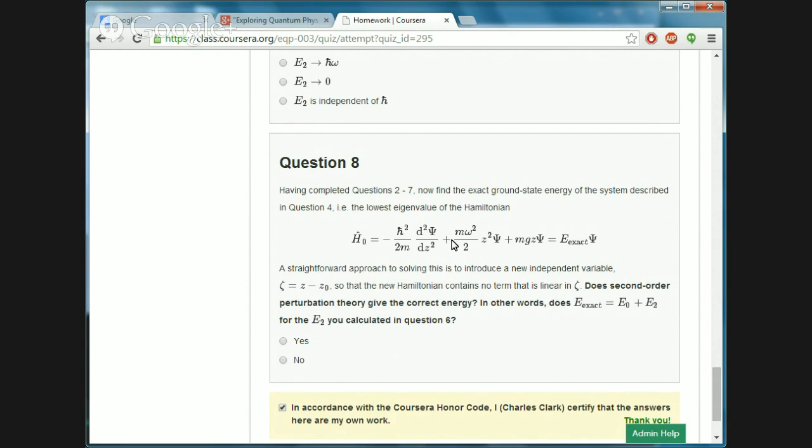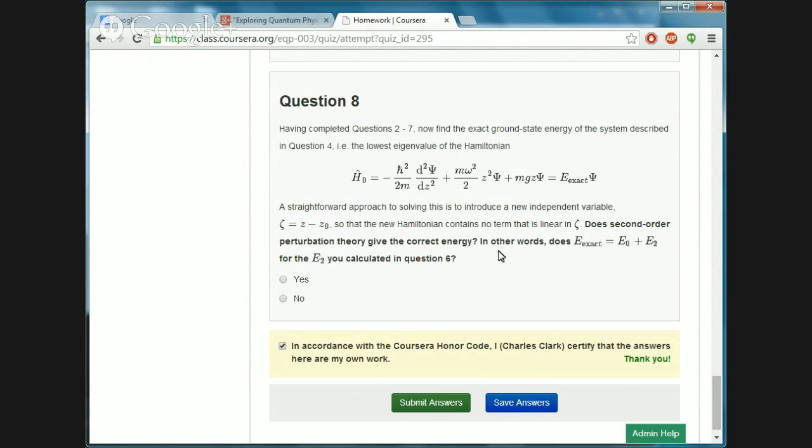What you do is you just shift the coordinate so as to eliminate the linear term while introducing a constant. And it turns out that the result calculated from second order perturbation theory is identical to the exact solution.